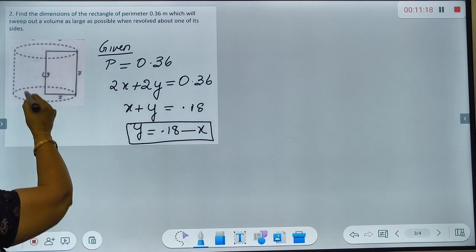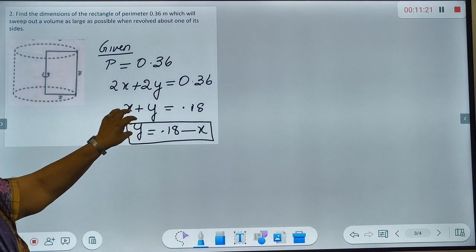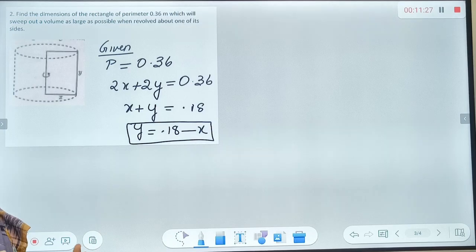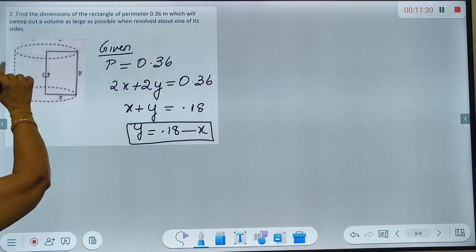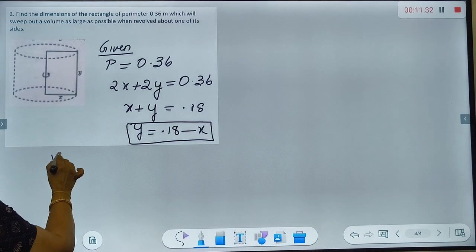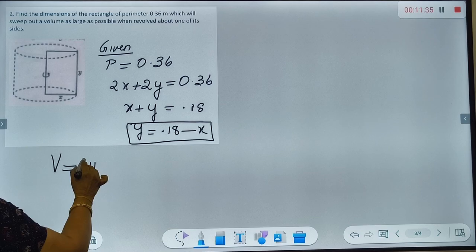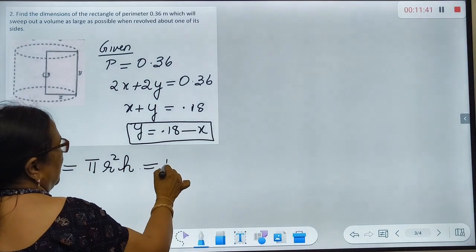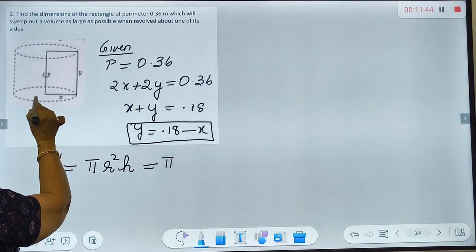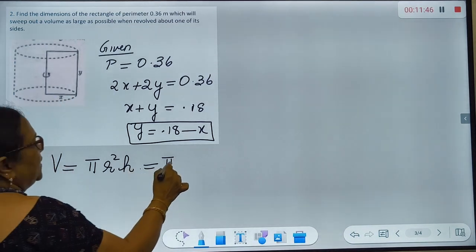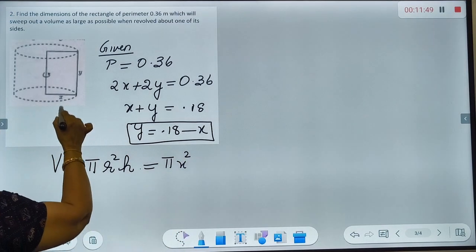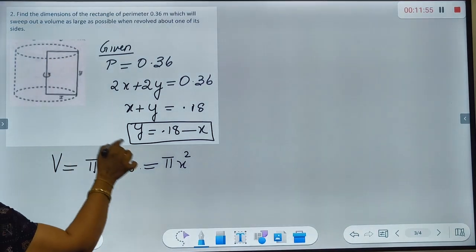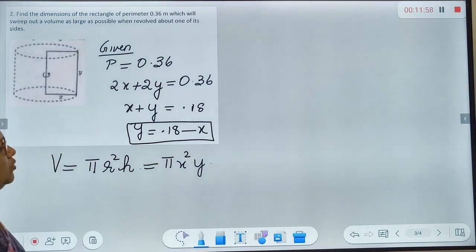Now we have to maximize the volume. With this perimeter, you can have infinitely many cylinders, but we want to find the one which has maximum volume. What is the volume of a cylinder? Pi r square h. Here the width of the rectangle becomes the radius, so pi x square, and the length of the rectangle becomes the height of the cylinder, so pi x square y.